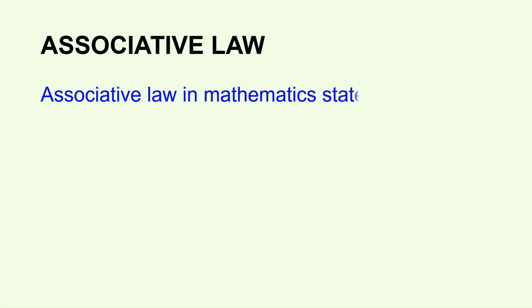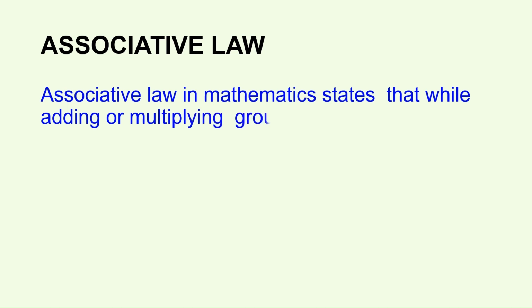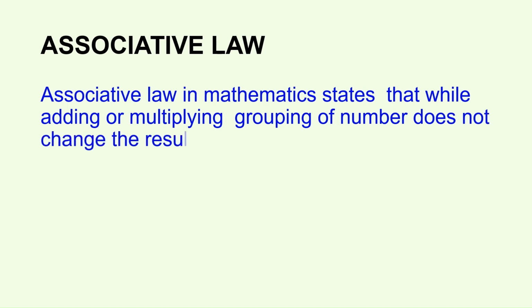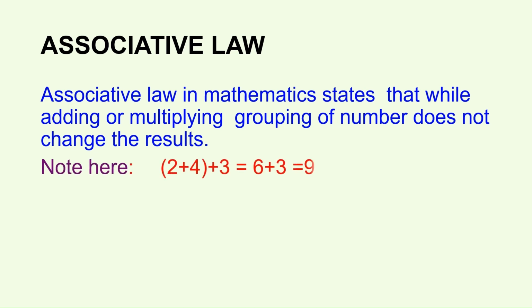Associative law. Associative law in mathematics states that while adding or multiplying, grouping of numbers does not change the results. Note here, 2 plus 4 plus 3 equals 6 plus 3 is equal to 9.